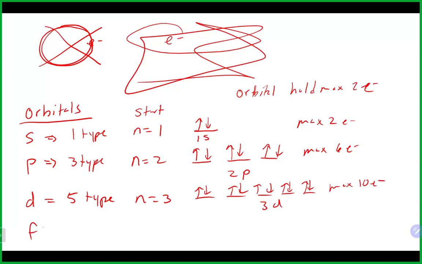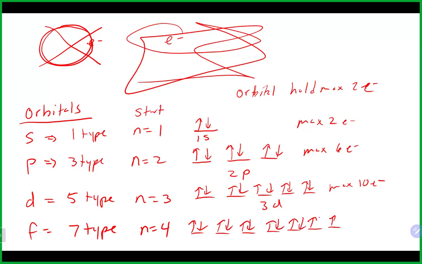And lastly, f orbitals: there are 7 different types of f orbitals. That begins on the 4th energy level where they first start to appear. And if we filled up all of these, we could put in 14 electrons.